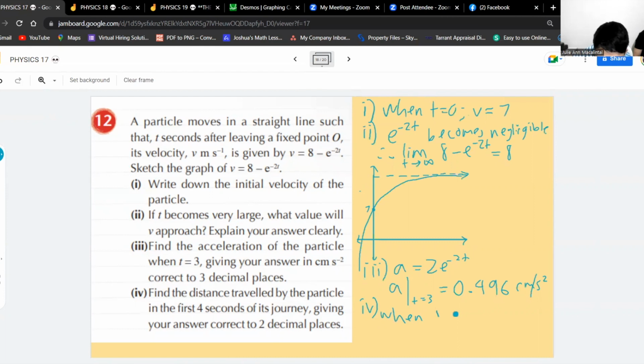E to the minus 8. Yes, okay. So, there's only one reversal. Nice.